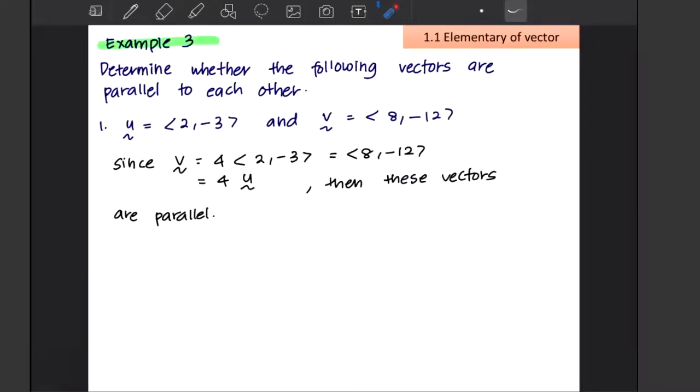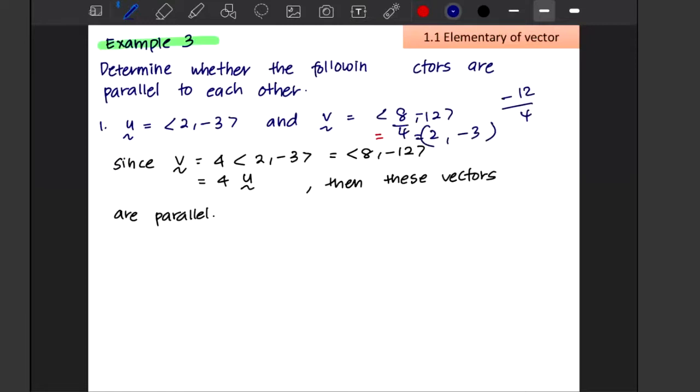Okay, look at this example. Determine whether the following vectors are parallel to each other. We have U and we have V. First you compare the vectors. You can see here, we divide 8 by 4, you will get 2. Negative 12 divided by 4, you will get negative 3. So we have the same scalar here.